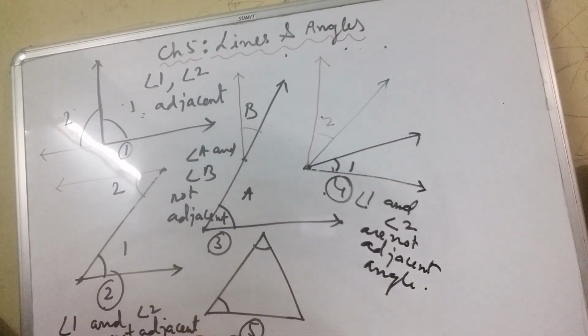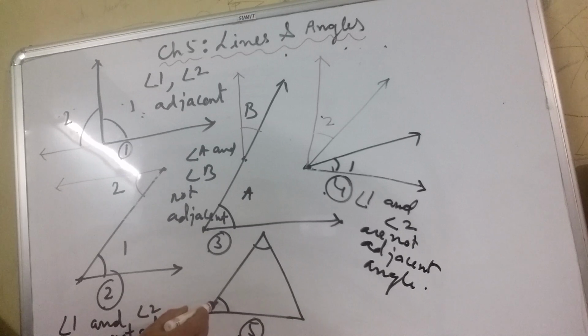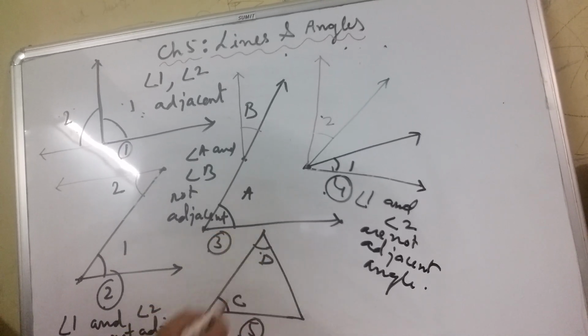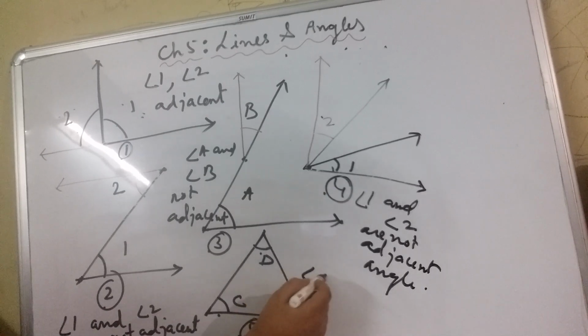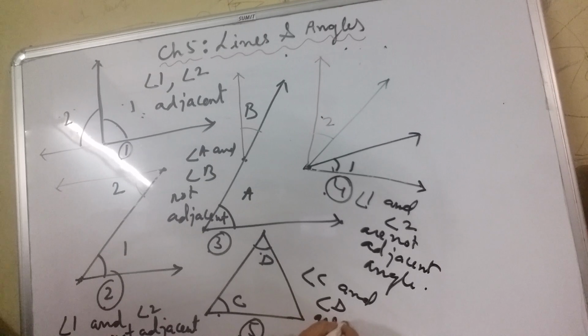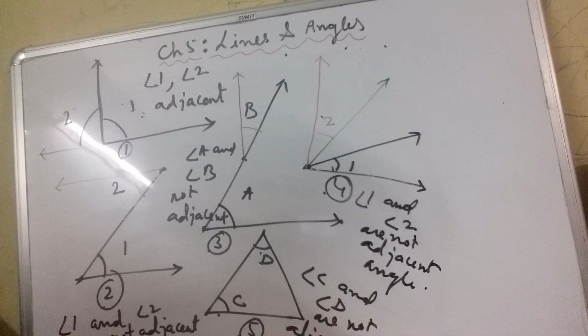Now come to figure 5. This is angle C and angle D. Again they are not adjacent as they do not have a common vertex, so angle C and D are not adjacent.